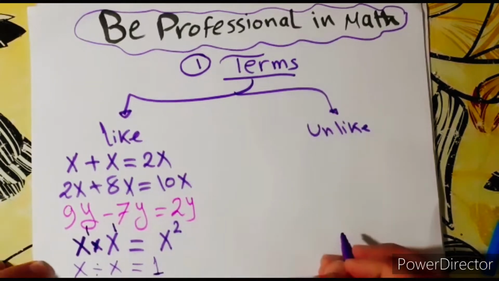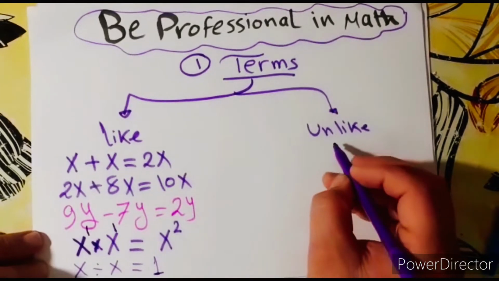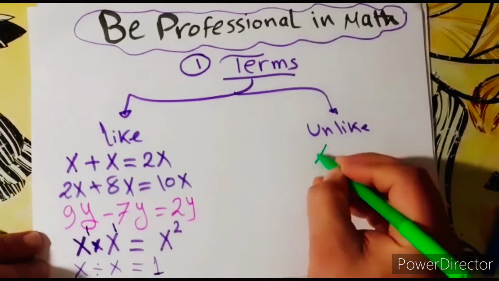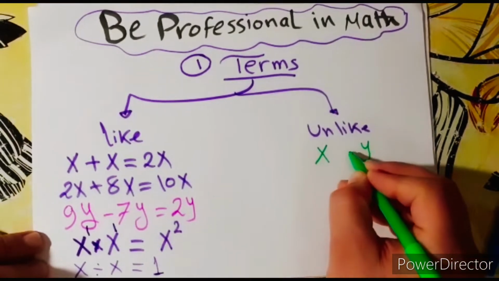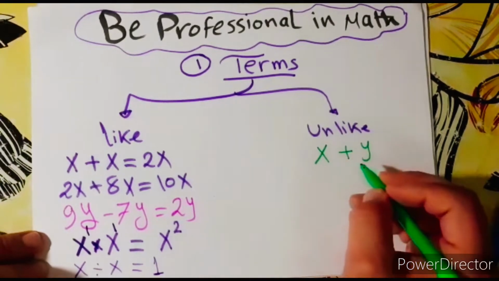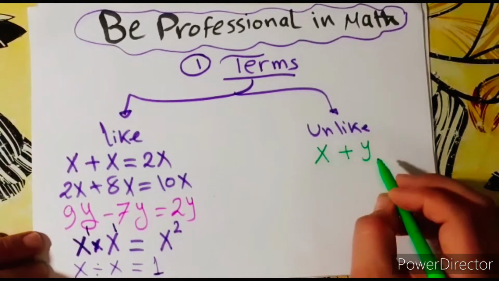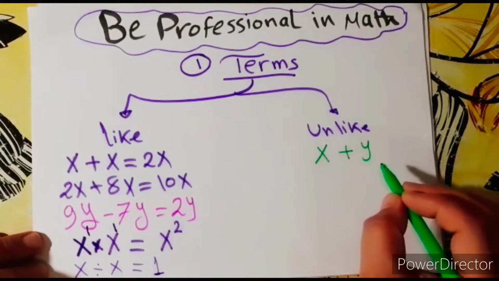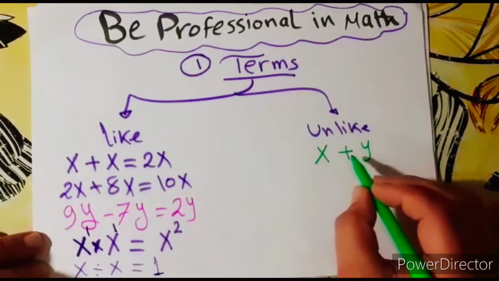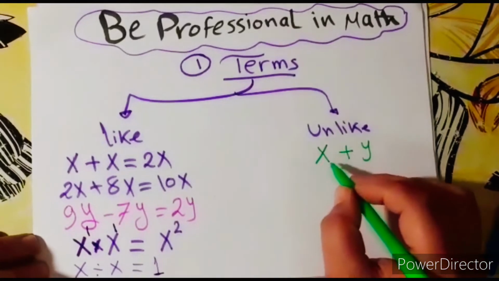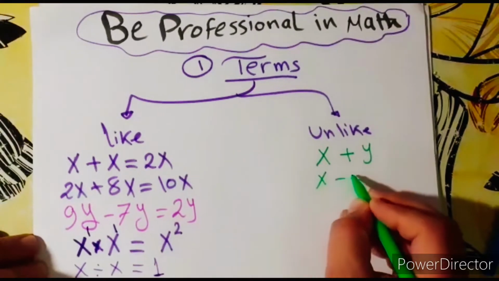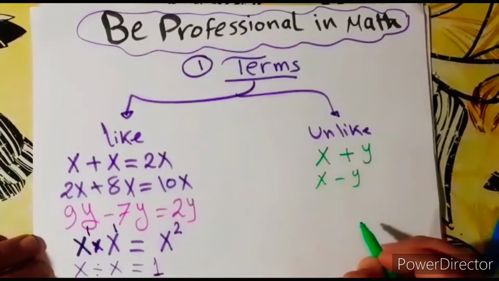Now, let's go to unlike terms, such as x and y. How can we add x and y? x plus y. This form is the simplest form. We can't do anything more. Also, x minus y, this form is the simplest form.